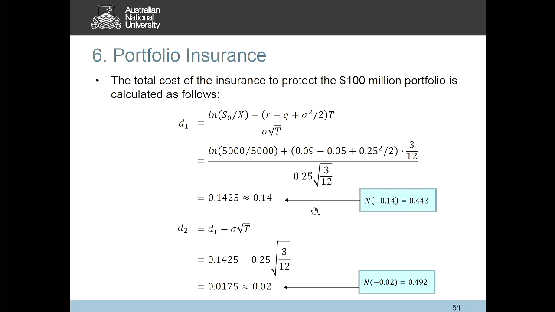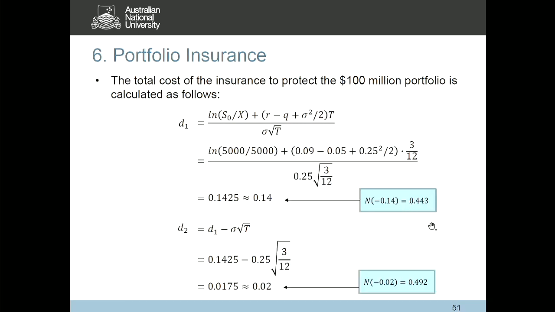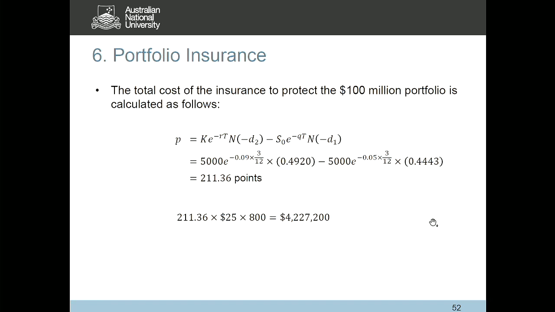Then you use D1 to calculate your D2, 0.02. And again, we need minus D2 to work out the put option price. So we go to the table and find the corresponding probability for minus 0.02 is 49.2%. So we write down these two probabilities, and we have everything we need to price this put option.